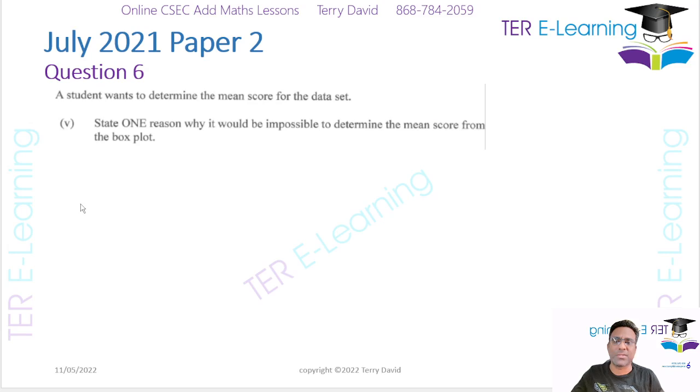A student wants to determine the mean score of the set of data. State one reason why it would be impossible to determine the mean from the box plot. Well, we can't determine the mean from the box plot because we need individual scores in order to determine the mean. So individual scores are required.